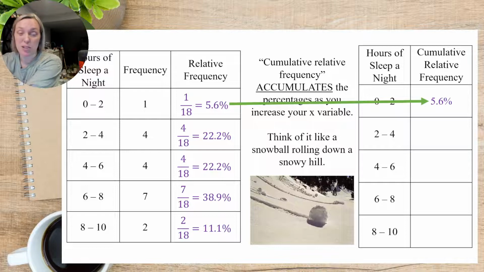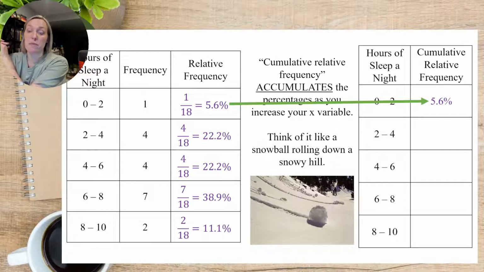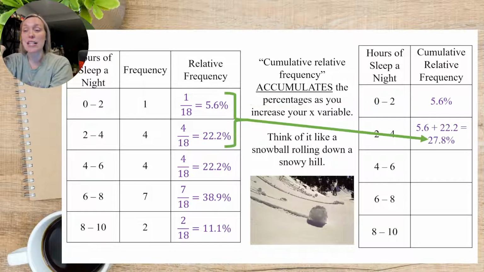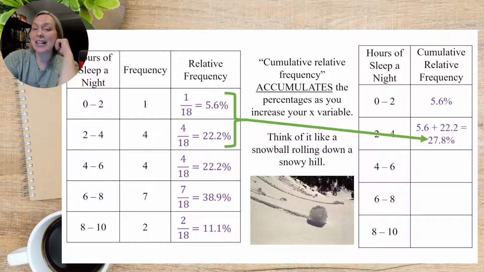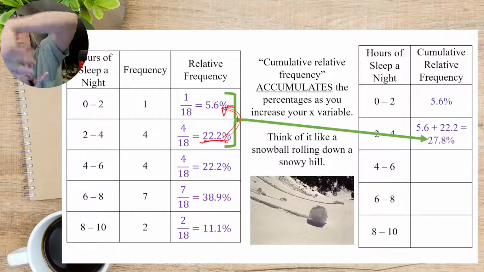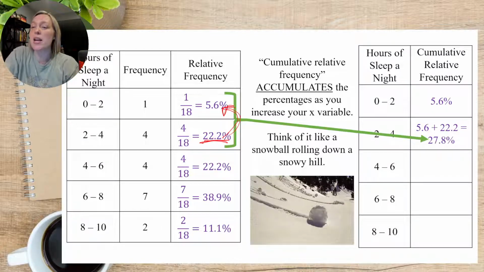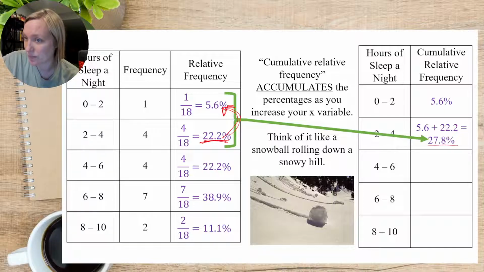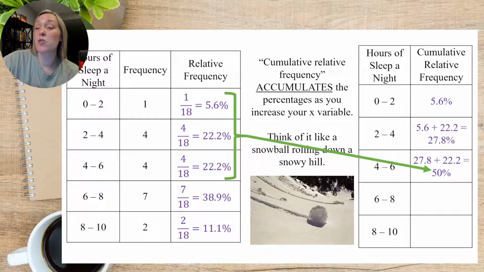So the cumulative relative frequency there is just 5.6%. For the next interval, as we go through the data, we accumulate the percentages. The next interval has a relative frequency of 22.2, and we're going to add that to the percentage above, accumulating the 22.2 onto the 5.6 to get 27.8%. The next interval, we're going to accumulate from there.